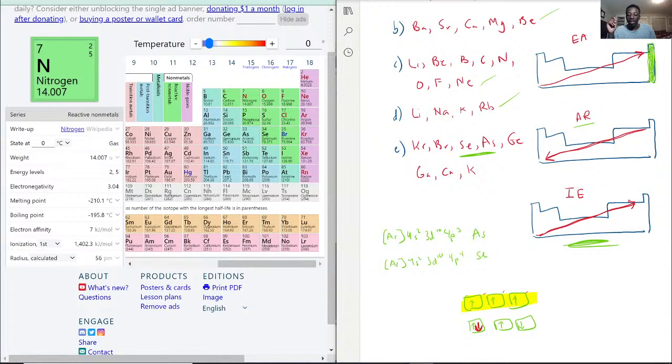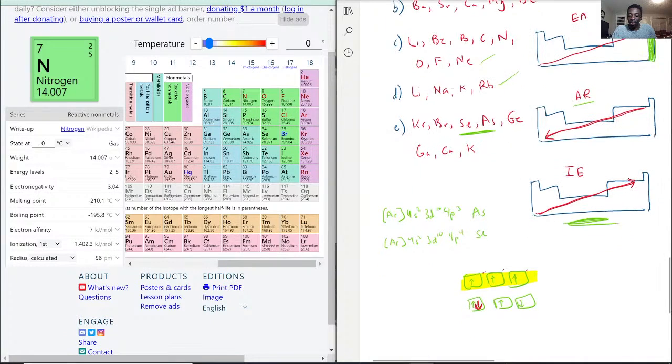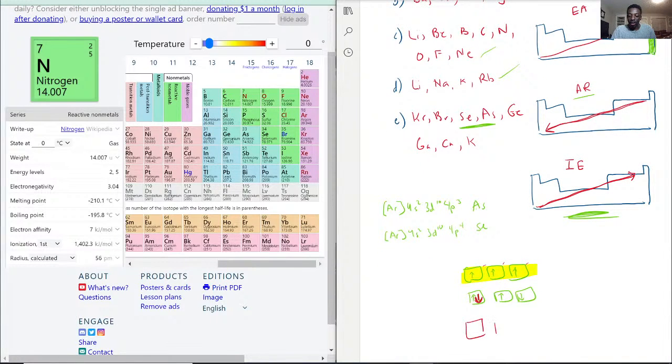The reason why this doesn't beat bromine though, which is like this, is because bromine so desperately wants one more electron that it's going to fight really hard against getting rid of an electron.